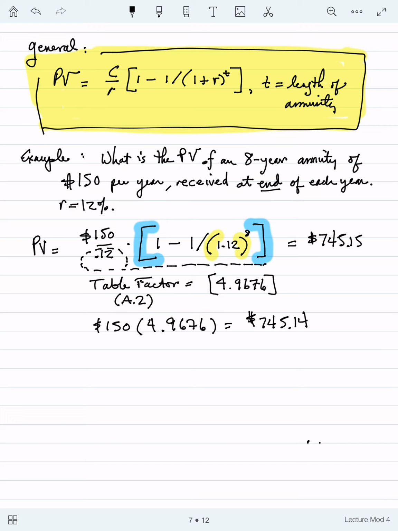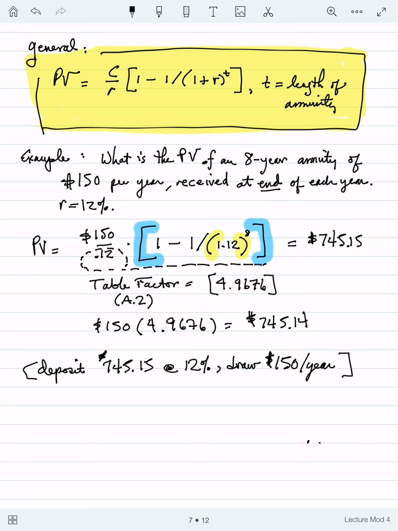So what's going on here? You could make a deposit of $745.15, and if you had that deposit going, remember our interest rate was 12%, you could draw from this deposit 150 per year for each of the 8 years.